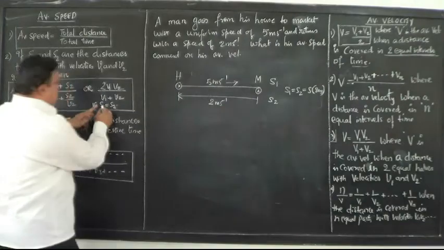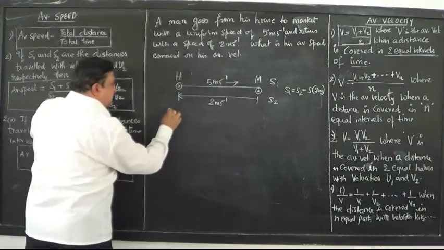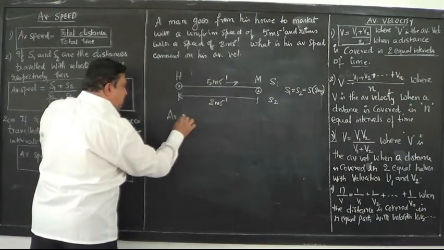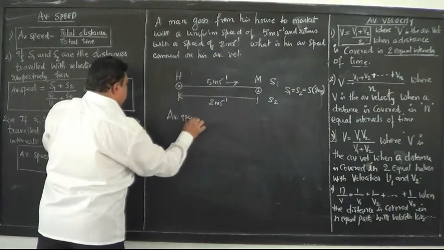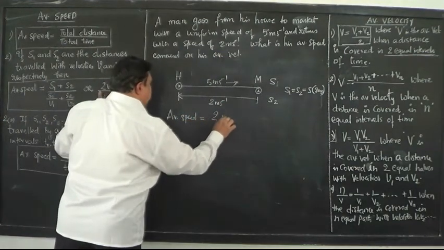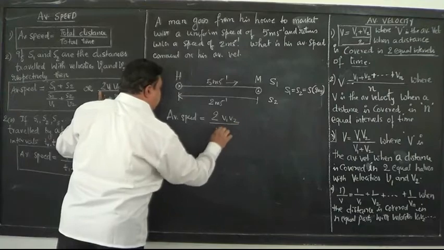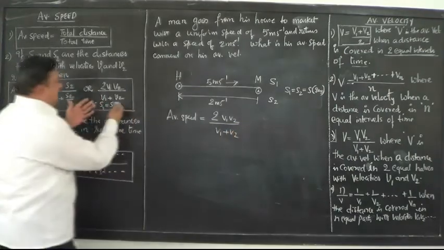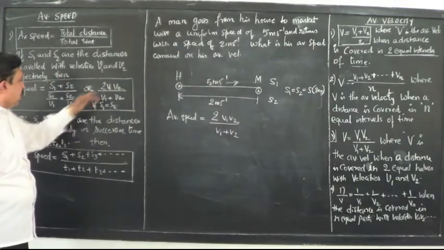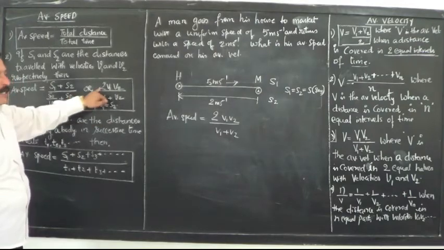So when S1 equals S2, we can simply use the formula for average speed, which is 2 times v1 v2 over v1 plus v2. We have a ready-made formula here. I showed you how we arrive at this. If you substitute S1 equals S2, then you get this.